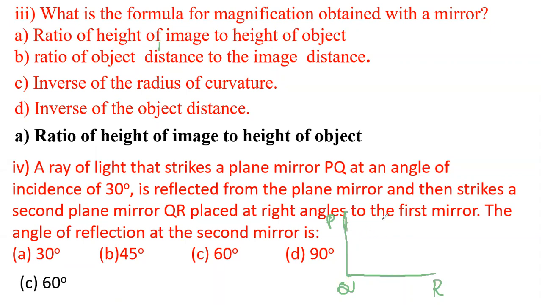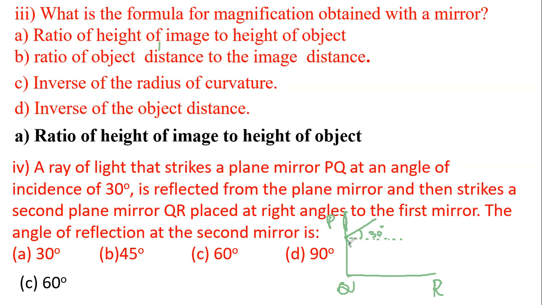Here, the incident ray is falling on the first plane mirror at 30 degrees, isn't it? With 30 degrees. So, this is the angle of incidence. According to the law of reflection, angle of incidence is equal to angle of reflection, right?